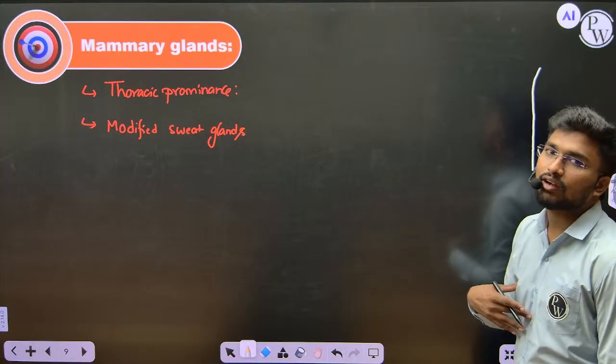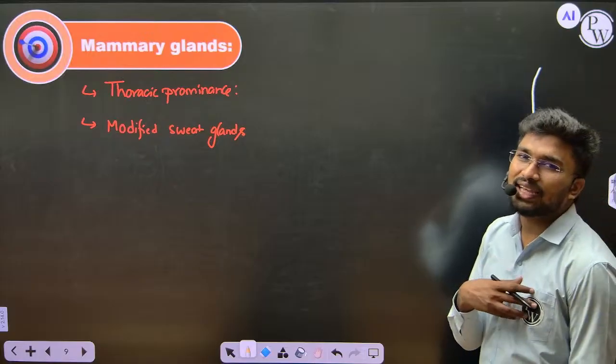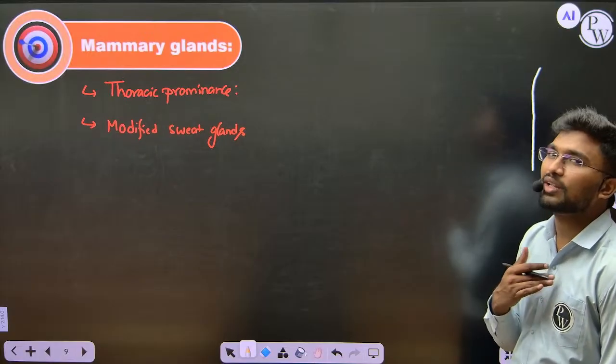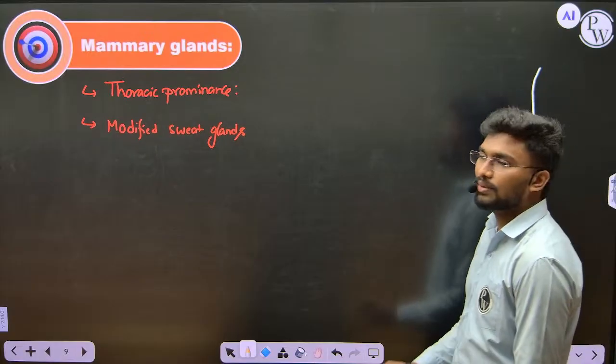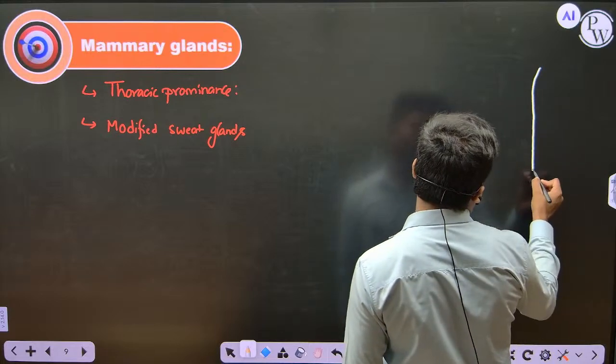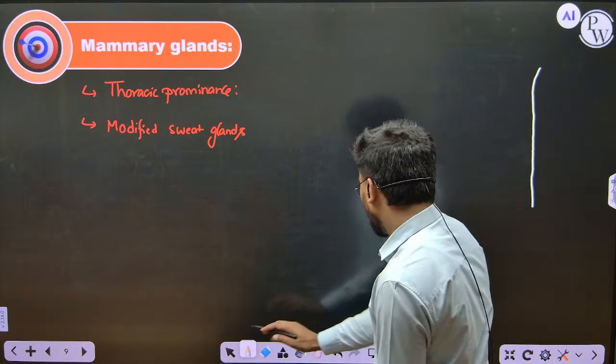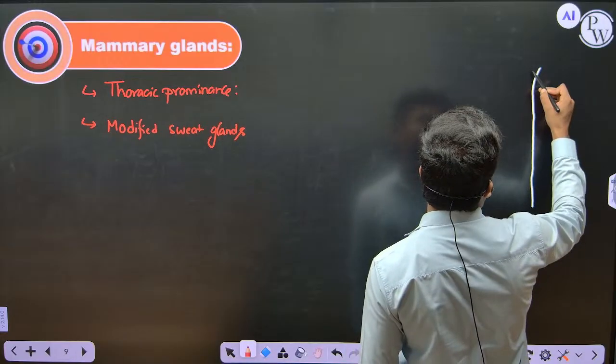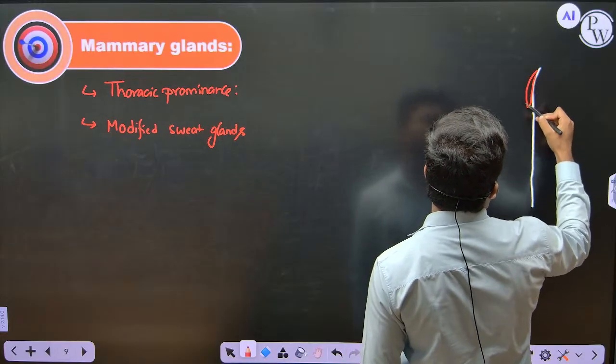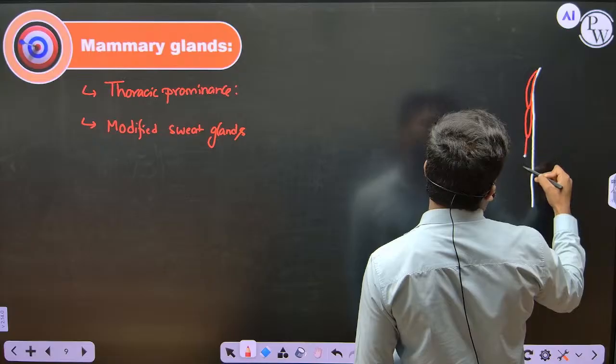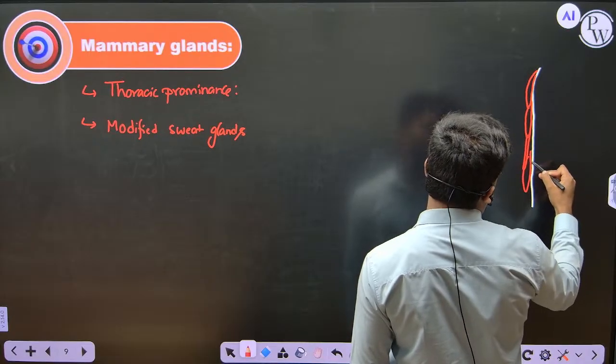These muscles are called pectoralis. Pectoralis major muscle will be there, and below that, pectoralis minor muscle will be there. Imagine this is the thoracic region. Now, which muscles are present? Pectoralis major.